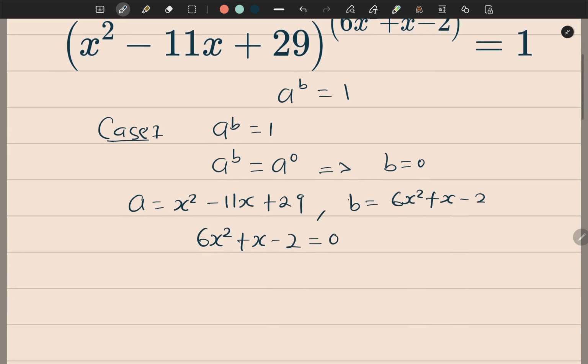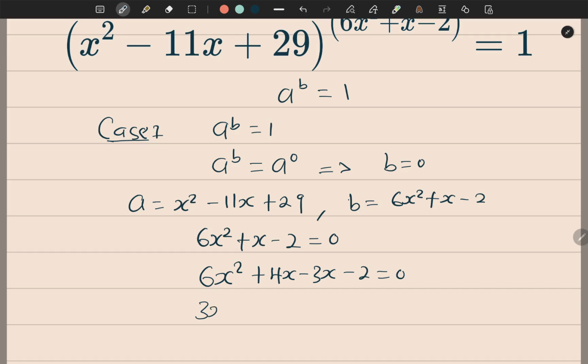Alright, to solve this, we need product of minus 12 and sum of 1. So you could make use of 4x then minus 3x minus 2 equals 0. And of course this can be factorized. Let me take 6x squared and minus 3x.